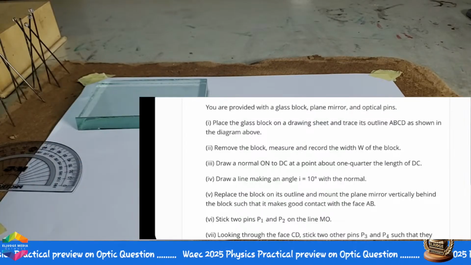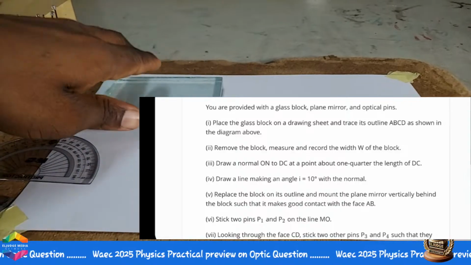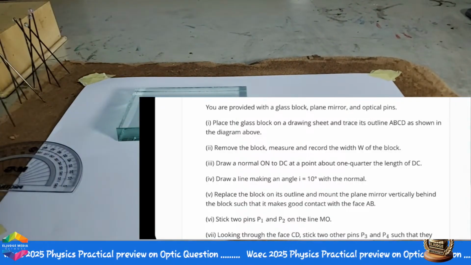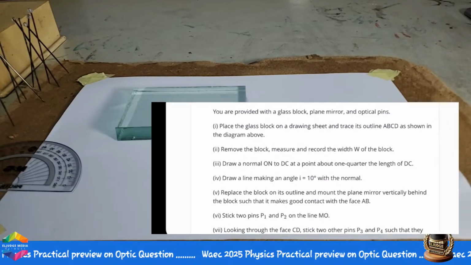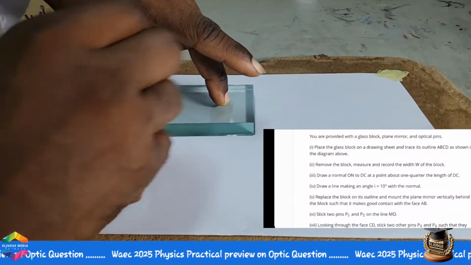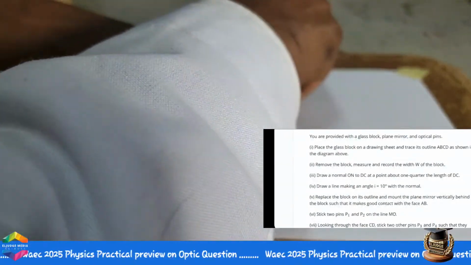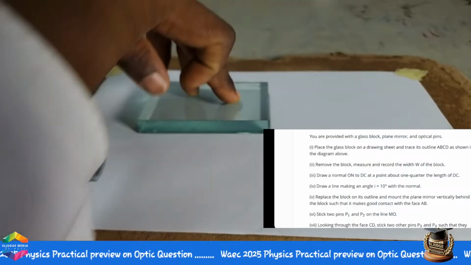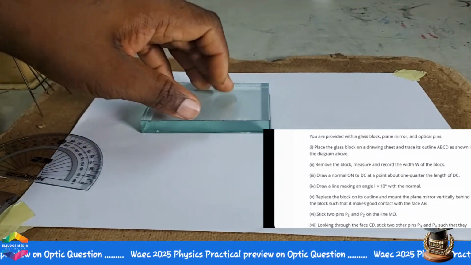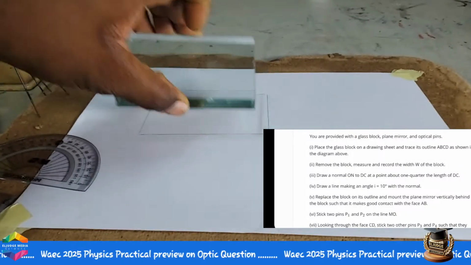We are told to place the glass block on the drawing sheet and trace its outline. So let me put this at the center because I will just draw only one. Let me make use of a very sharp pencil to have neat traces. Trace its outline ABCD as shown in the diagram above.